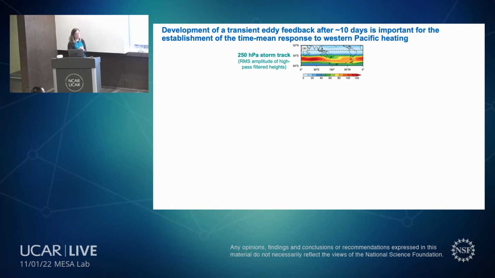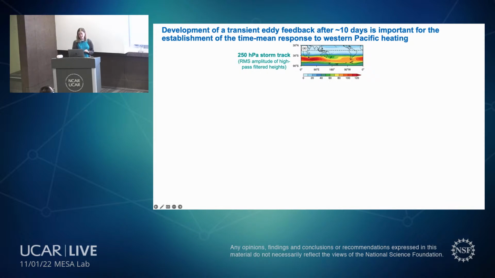And we suggest that this additional mechanism is in the form of a transient eddy feedback that acts in the extratropical storm track. So here, just for reference, I've shown the climatological storm track in the southern hemisphere during winter. This is calculated as the root mean square amplitude of high-pass filtered heights at 250 hectopascal.